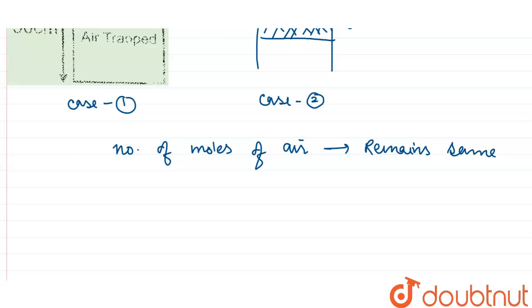Now applying the ideal gas equation for case first, P1 V1 equals nRT.